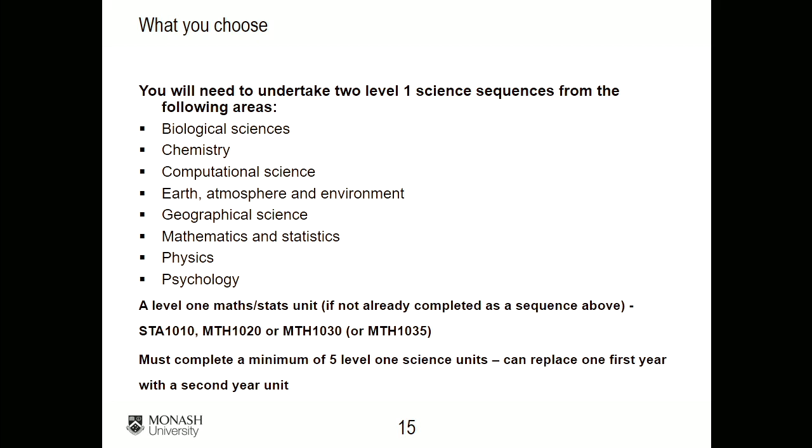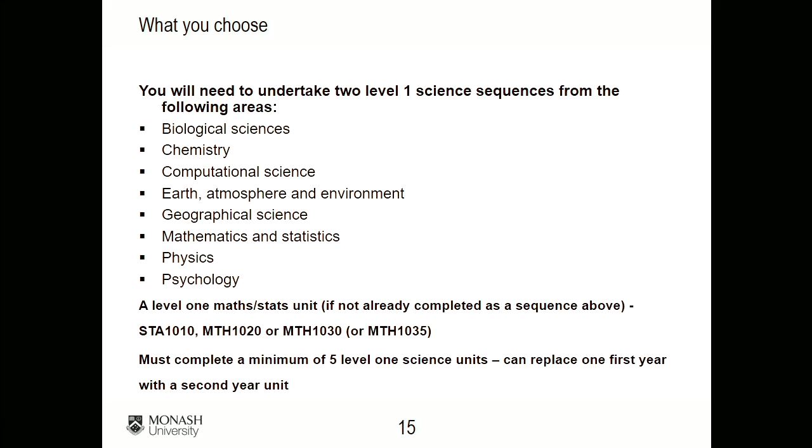They include biological sciences and the different majors they offer in there: chemistry, computational science, earth, atmosphere and environment, geographical science, maths and statistics, and there's a number of different majors in there: physics and psychology. As I said, you need at least 1 level 1 maths or stats unit. This can potentially be replaced with a second year unit if you choose. So again, come and see me if you've got questions about this.